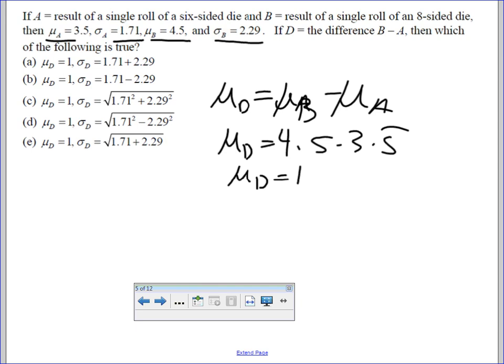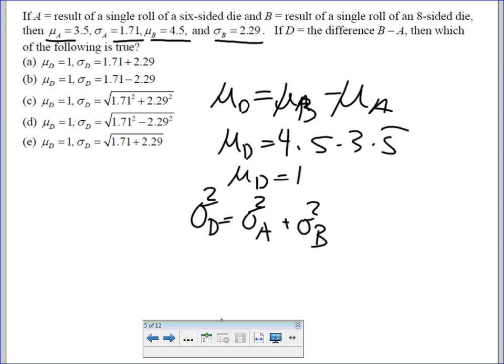But the standard deviation, even though we're subtracting, we still always add variances, not standard deviations. So sigma squared D equals sigma squared A plus sigma squared B.